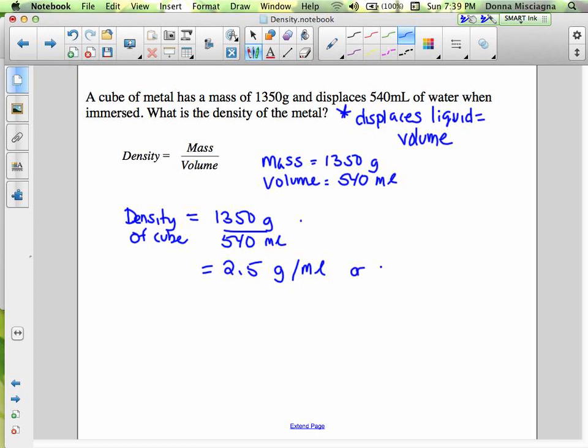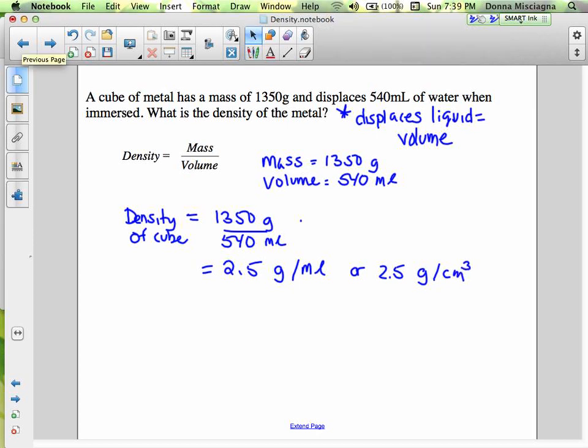So we can list it as 2.5 grams per centimeter cubed. Either is okay with me. All right, let's try another one.